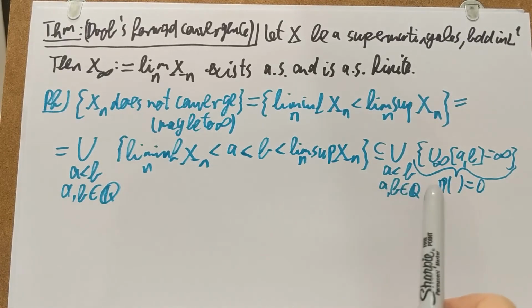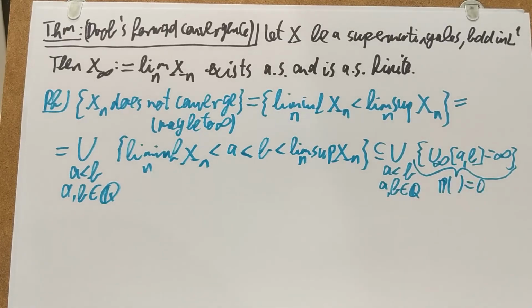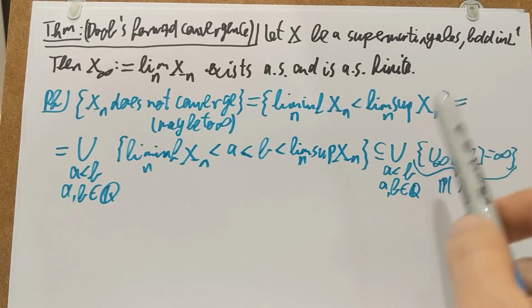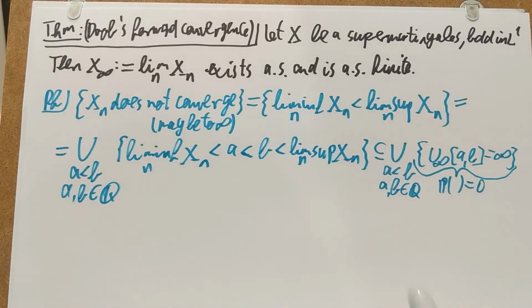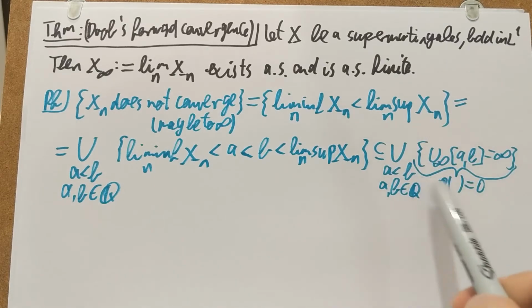The union of countably many 0 probability events is still 0 probability. That's why it was important to do our foundations in measure theory. If you have 0 probability events and a countable union of them, then the probability can be bounded by the sum of the probabilities of these events, which is still 0.